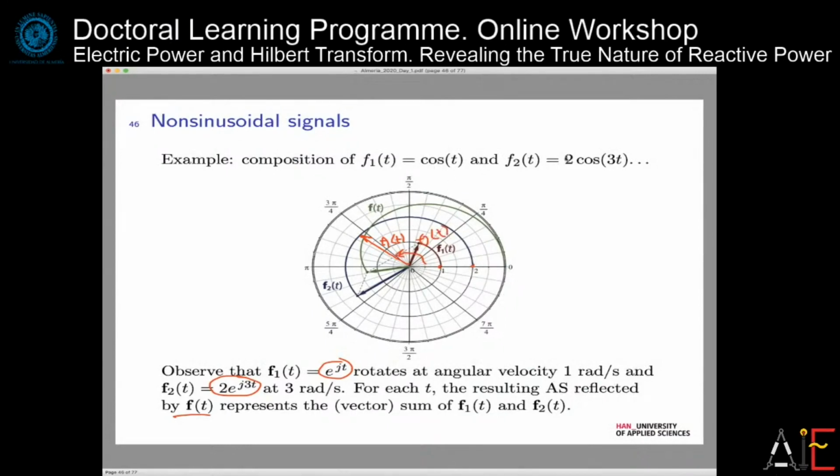These two things rotate at a constant speed. So this one is just 1 radian per second, and the other one at 3 radians per second. This thing rotates at a time-varying speed, right? Which depends. Okay, so that's the essence.